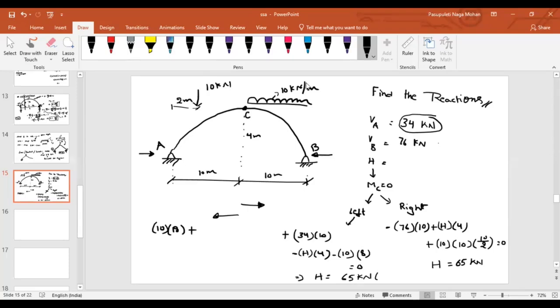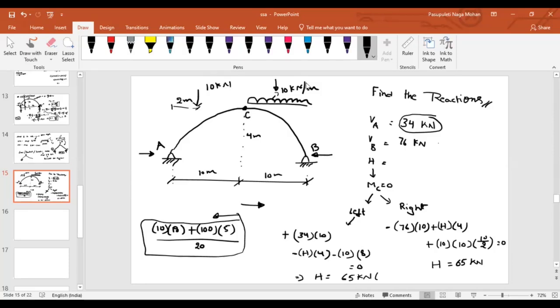Plus here, because of this load, there's a total load, 10 into 10, 100. 100 into what is the opposite distance? If I take the area of the load, it will be at the centroid. 10 by 2, 5. That means what is the opposite distance? 5. What is the total length? 20. If I'm in your place, this is how I'll find the reaction at A.